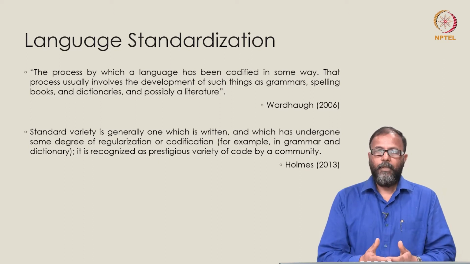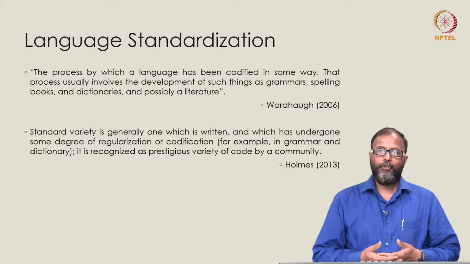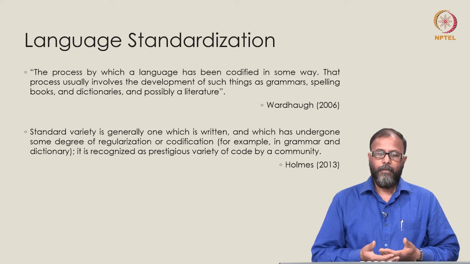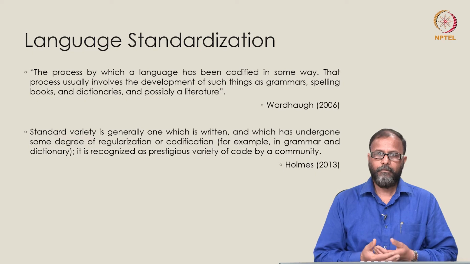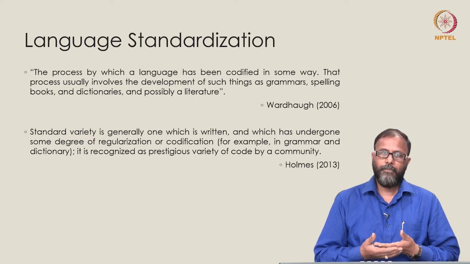So, in some way, it is a deliberate attempt, and a language is chosen and codified. So, it gets institutional support, it gets extended institutional functions, and suddenly the status of the language changes.